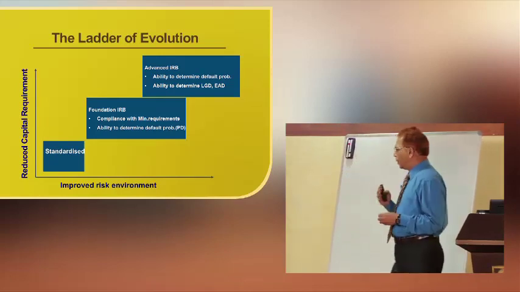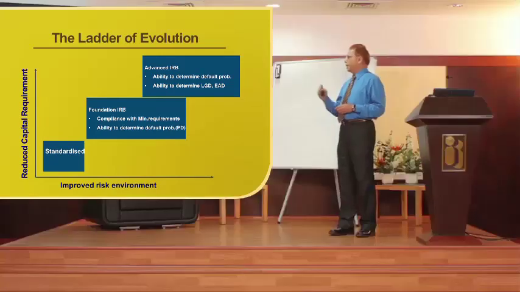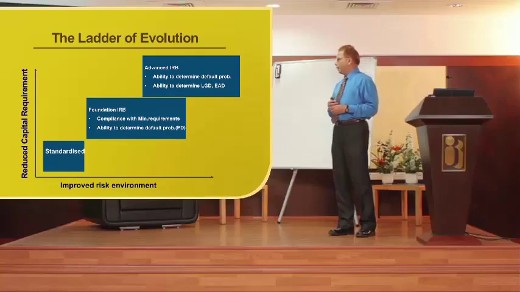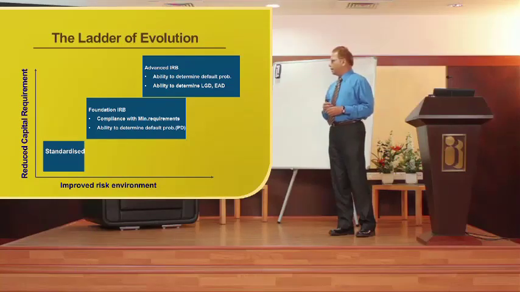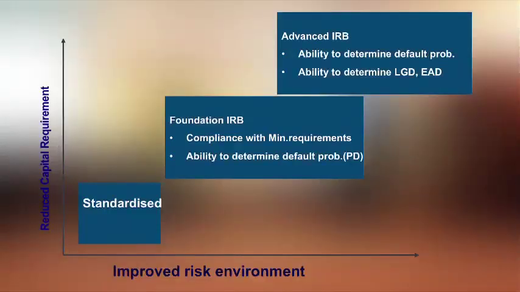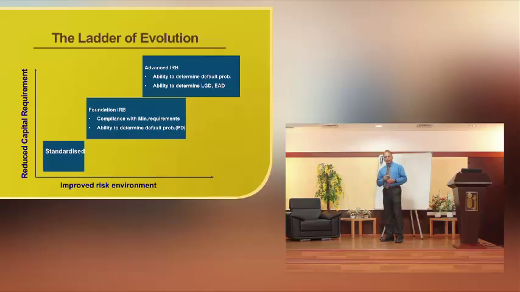So if you look across the standardized approach, and in credit, the compliance with the minimum requirements and the ability to determine default probability, that is, probability of default, is basically the likelihood that a particular kind of customer will fail in the coming year. That computation has to be done by the banks in the foundation approach.